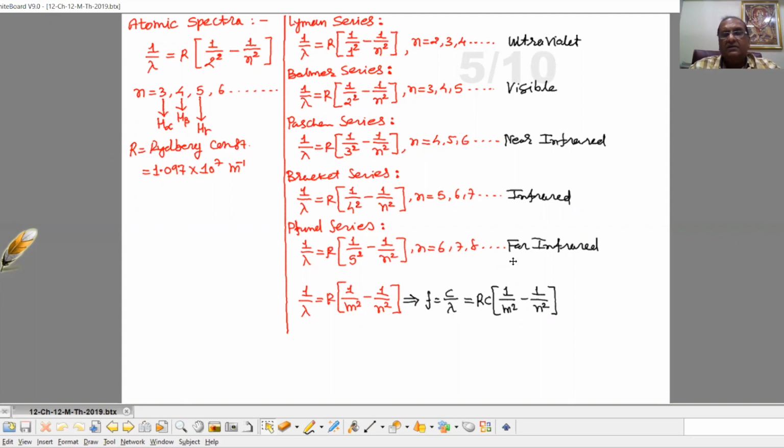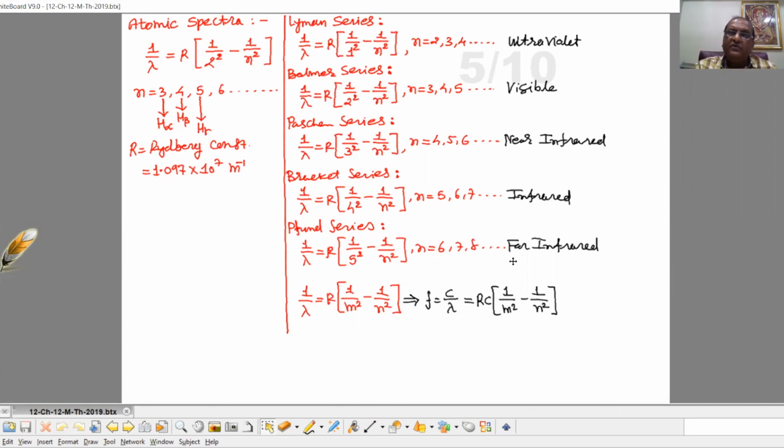But why is line spectra obtained? Why not continuous one? Okay. And what about the stability of atom? So all these things it was not able to explain. So at this stage, Rutherford's atomic model failed.